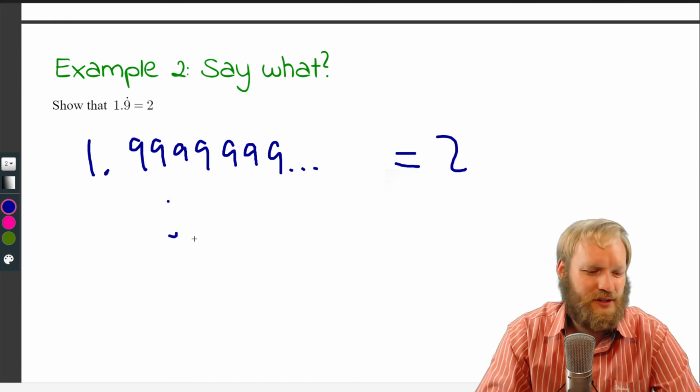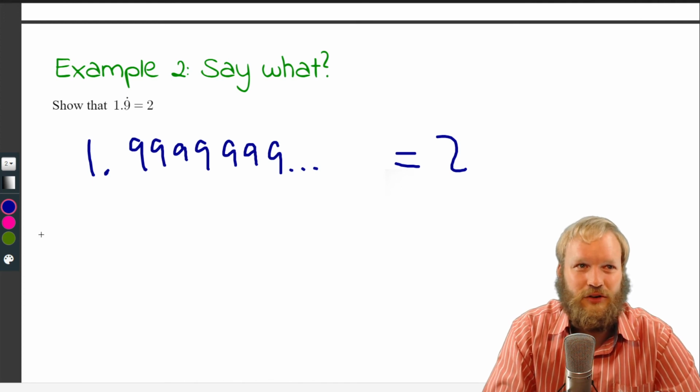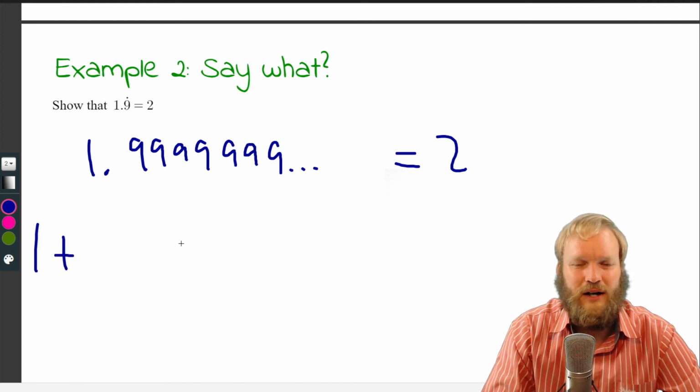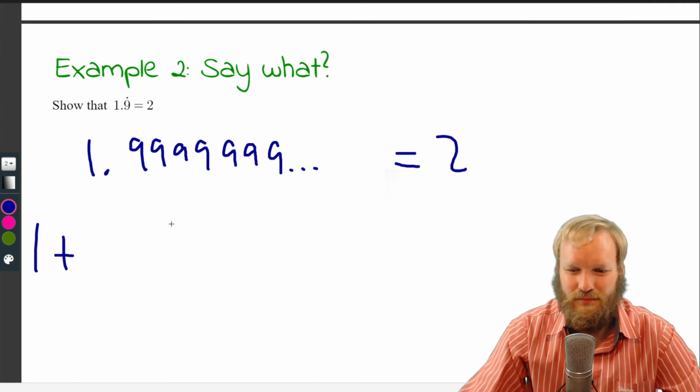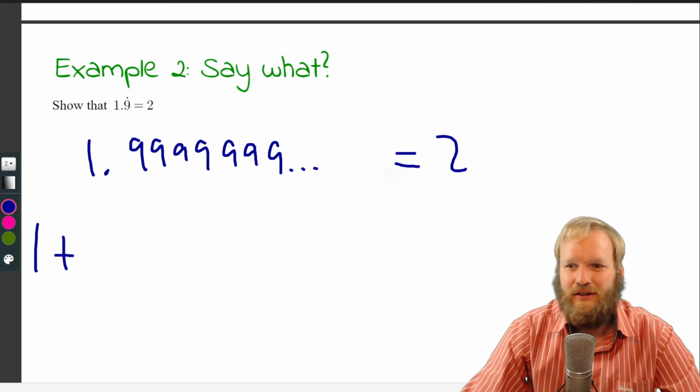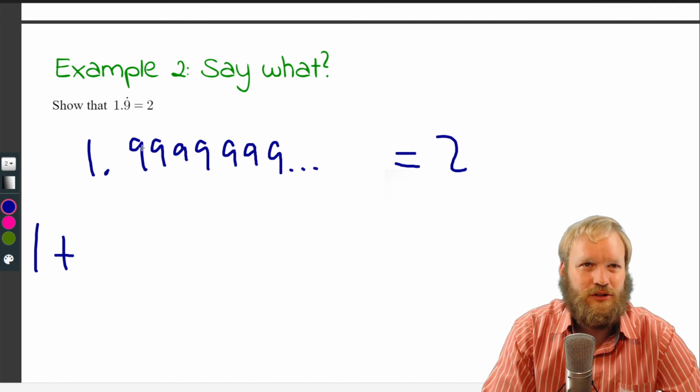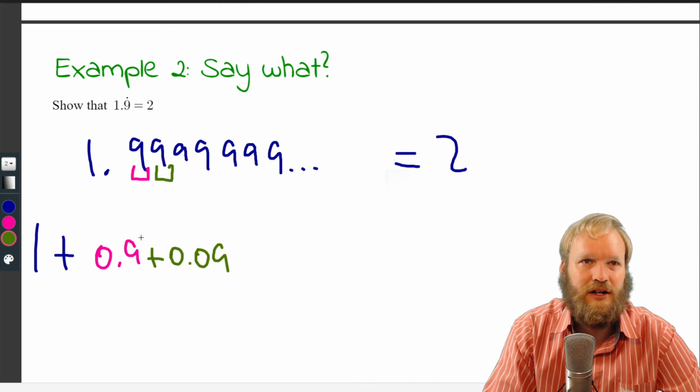Well, we're going to use sequences and series of some kind. We've got this one, and we need to add a few things. Well, if we're going to add things, what this 9 here, so let's do this in colors. That one there is 0.9. Then this one here is 0,09.